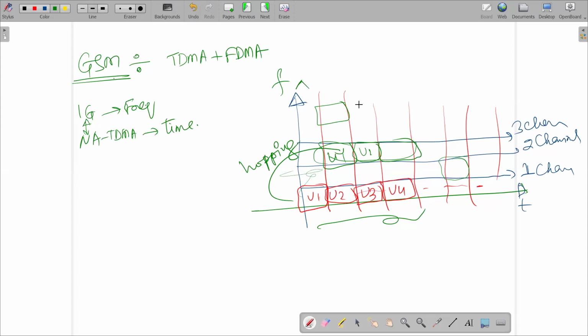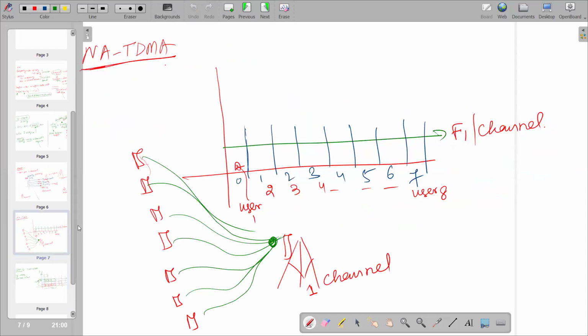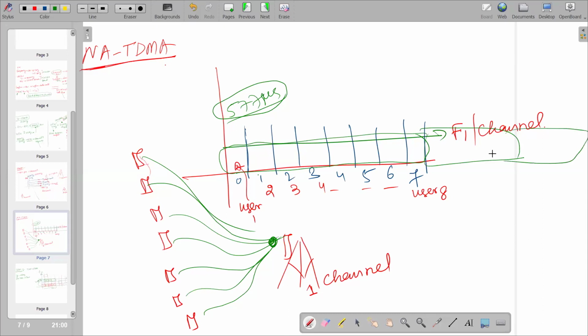We will see how this was designed. The slot duration here is very small, 577 microseconds. A smaller amount of time is given to user 1, user 2, user 3, and this cycle is repeated. Repeated transmissions will happen.